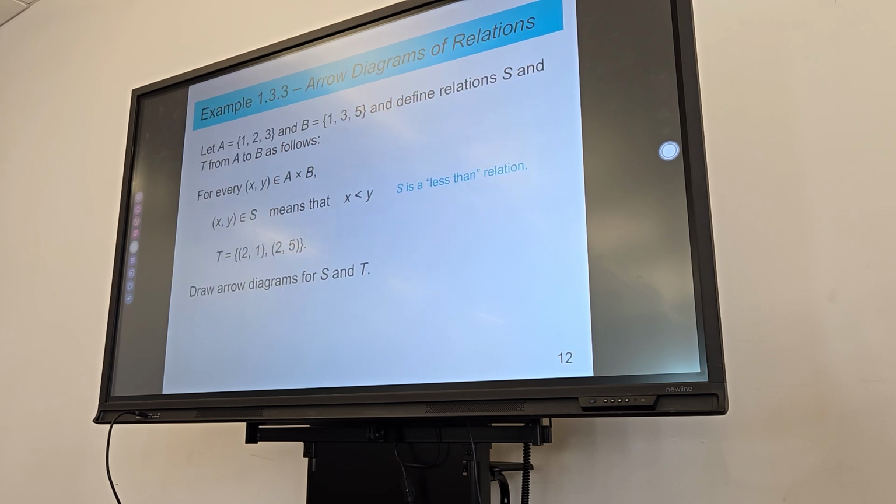So, say your sets are 1, 2, and 3, and 1, 3, and 5. If an ordered pair (X, Y) is an element of the relation S, it means that X is less than Y. And the relation T is represented by these ordered pairs.